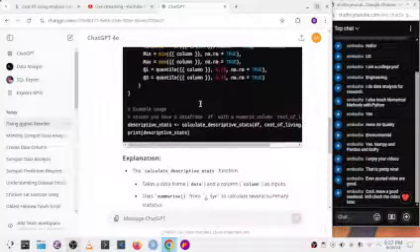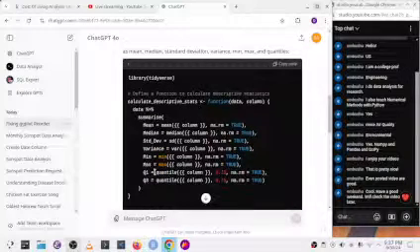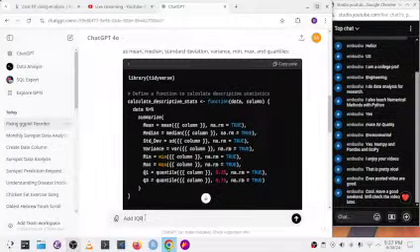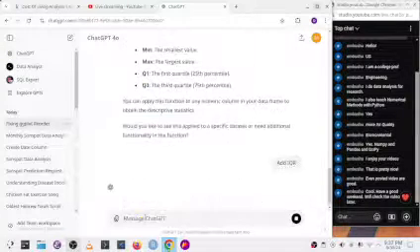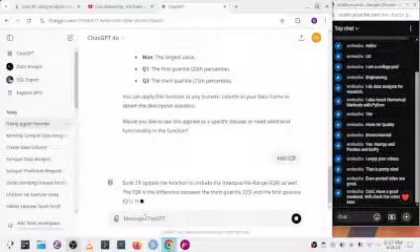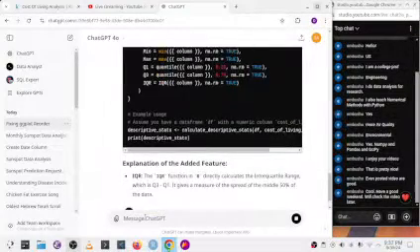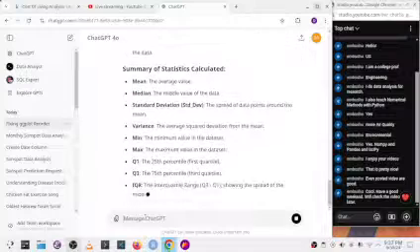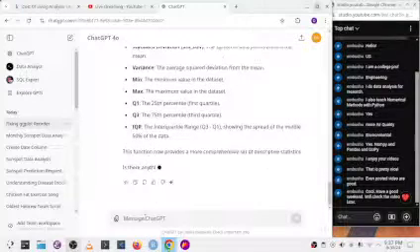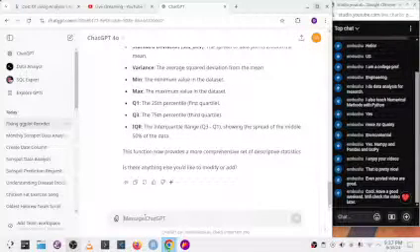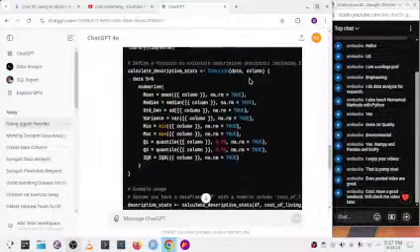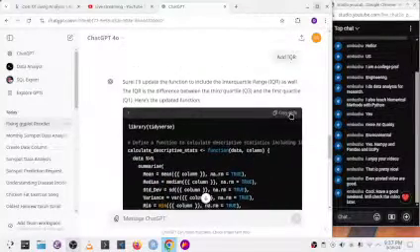Oh, very nice. Let's have it add the interquartile range for us. So let's put this function back up at the top up here.